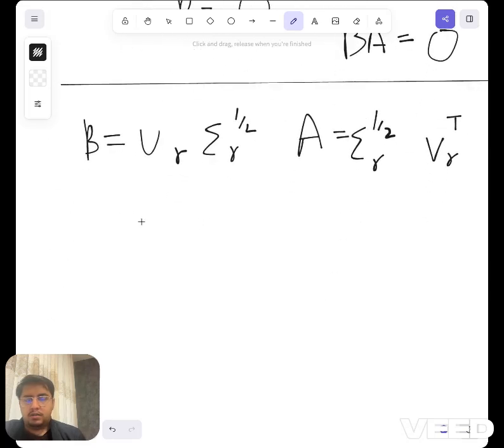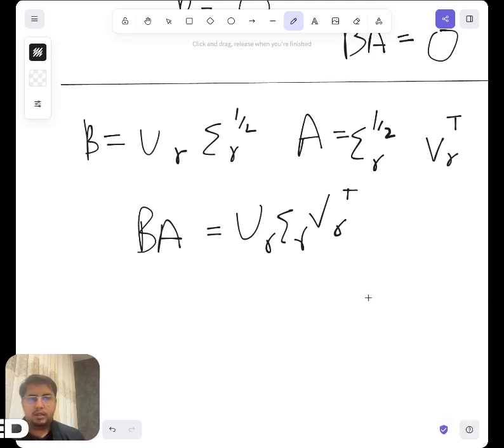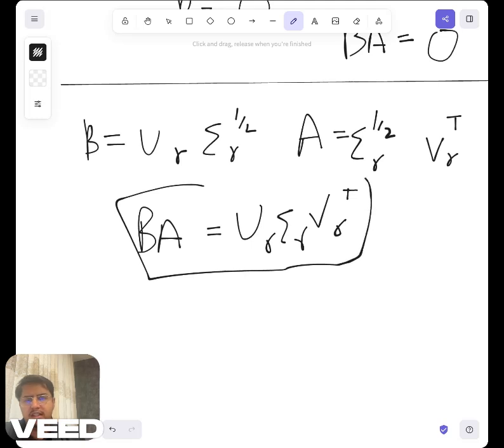What that transitions to is the equivalent SVD that we were seeing earlier, U_r Sigma_r V_r^T, and this perfectly matches the gradient direction, but it really does not say anything about the magnitude of the output.